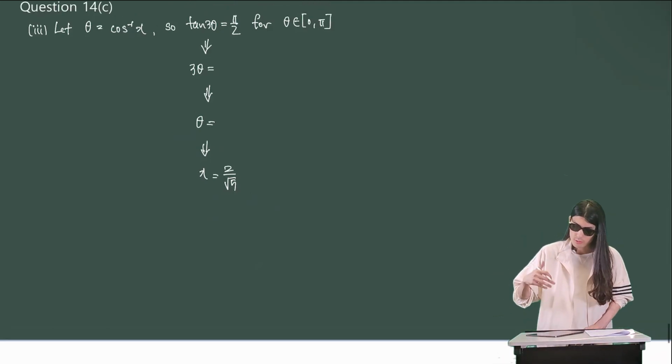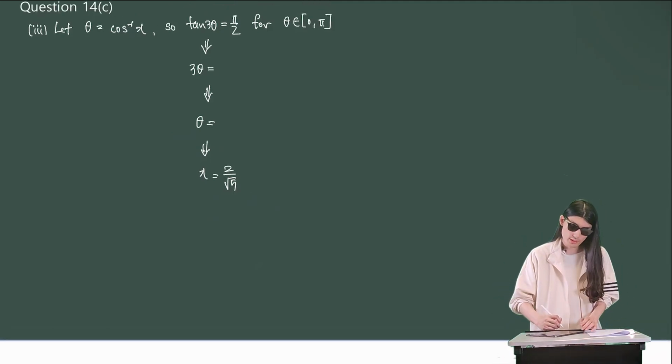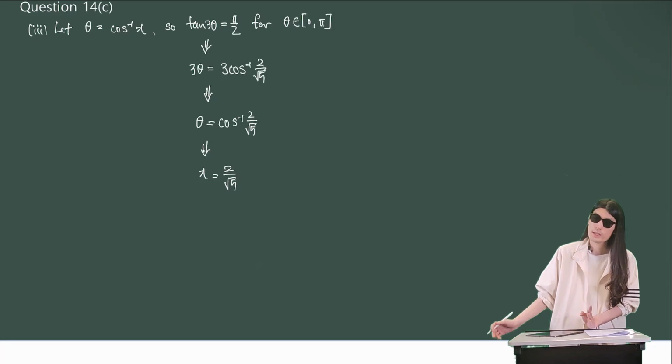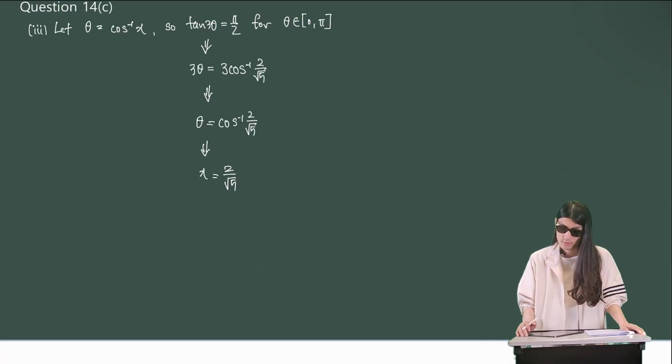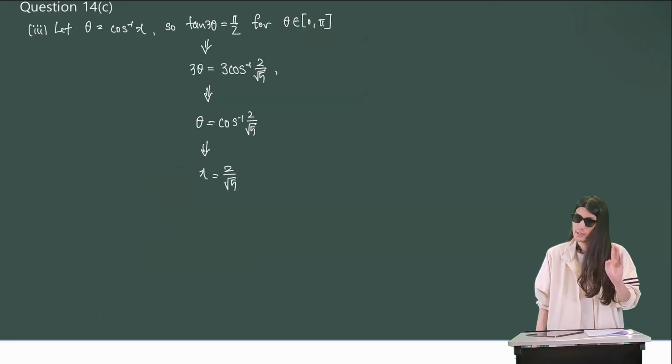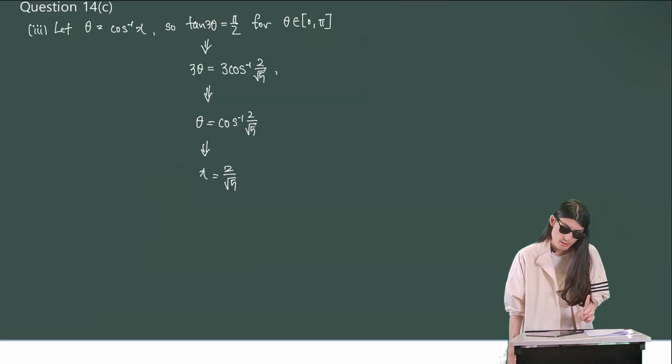Okay? But of course, if x is 2 on root 5, well then theta would be cos inverse of that, and 3 theta would be 3 times that, wouldn't it? And listen carefully to this idea.